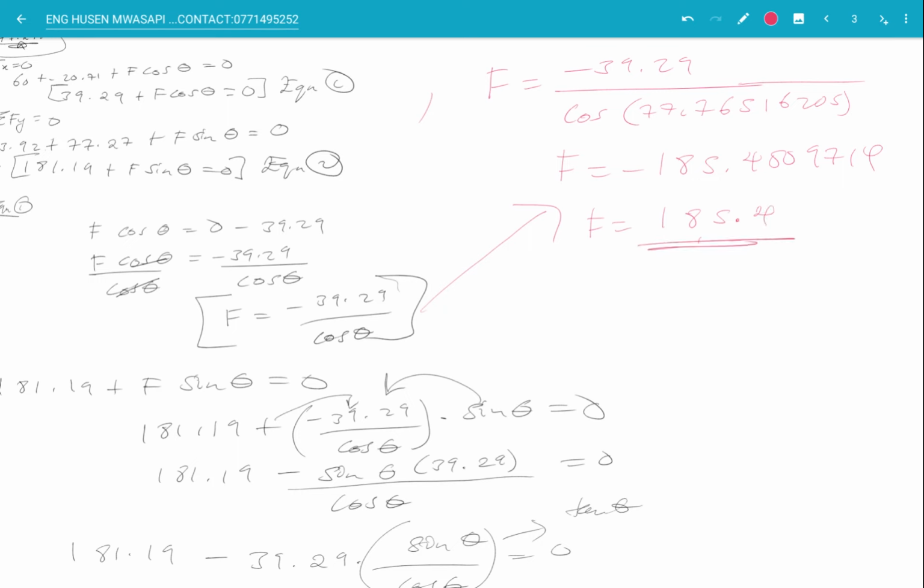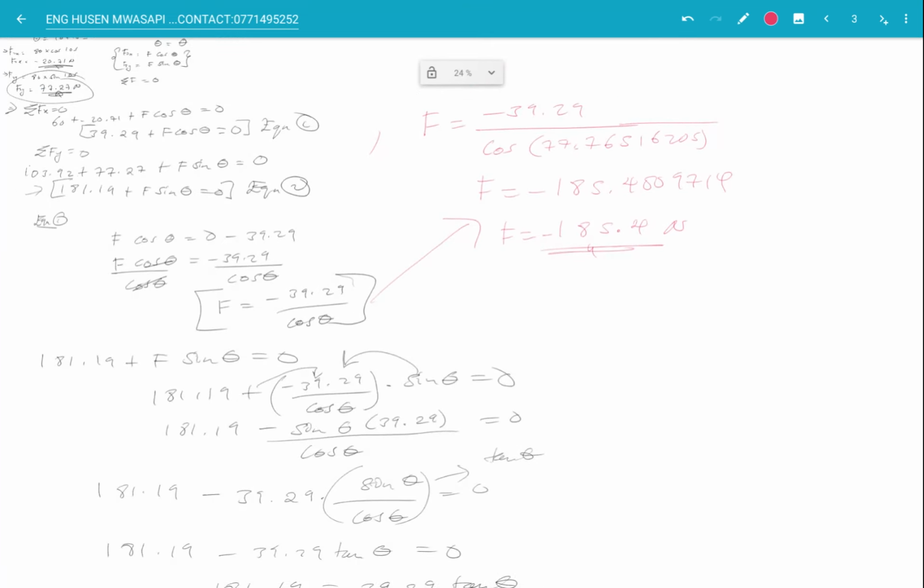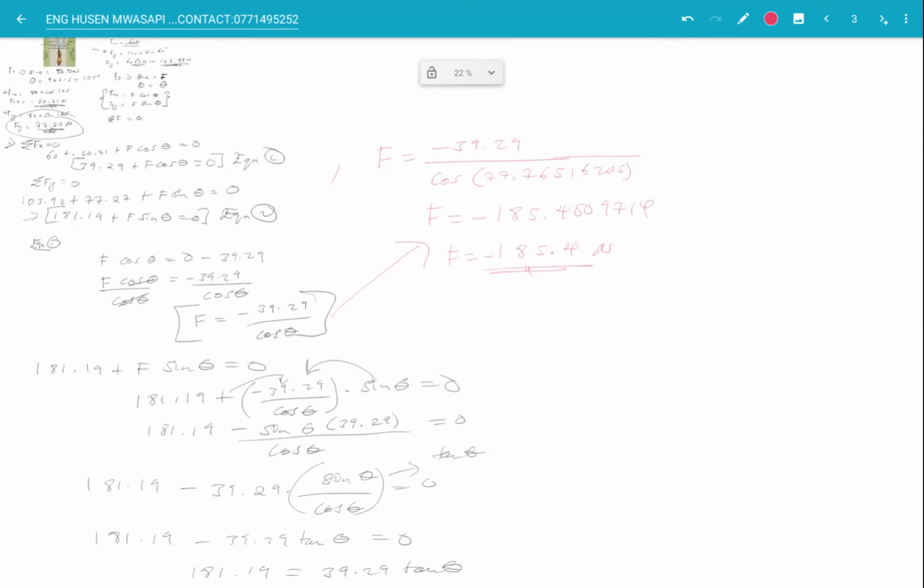So this force is now equal to negative 185.4 newtons, as you can see. The force found here represents the entire force that we have.